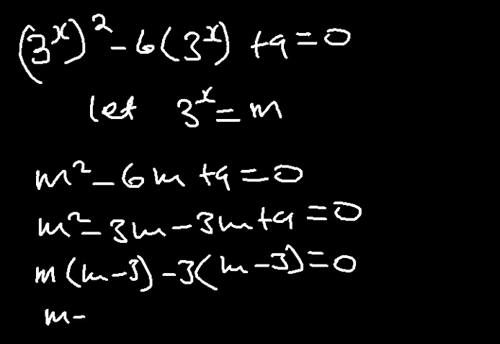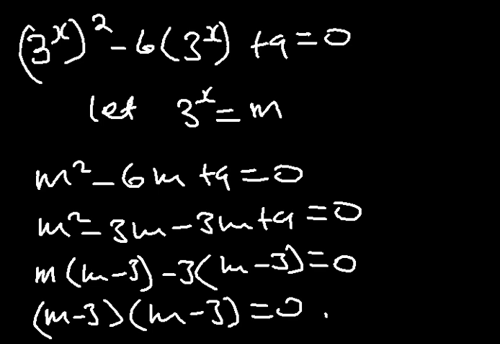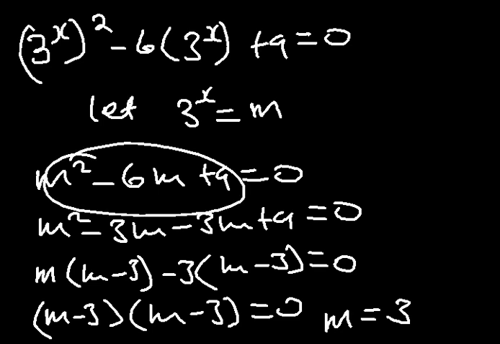Hence the value of m is given as 3, and the other value of m is also 3. So in other words, this quadratic equation is said to be a perfect square. Keep that in mind.